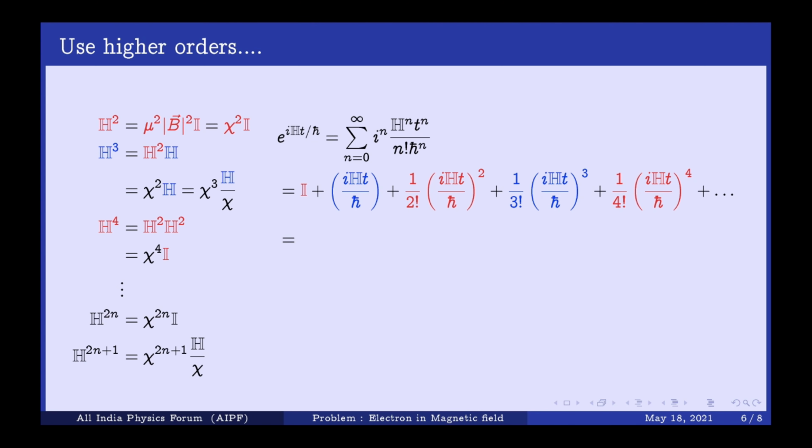So let us now calculate these terms explicitly. So first it's identity, then you will get this term. I am first doing the even terms. So here the even term becomes this, then another even term will be this, H to the power 4, t to the power 4 by 4 factorial h cross whole to the power 4, and so on. And another thing is, now you have to calculate odd terms.